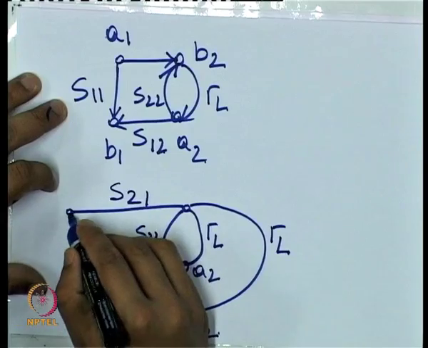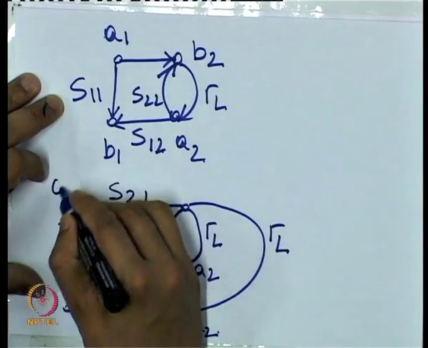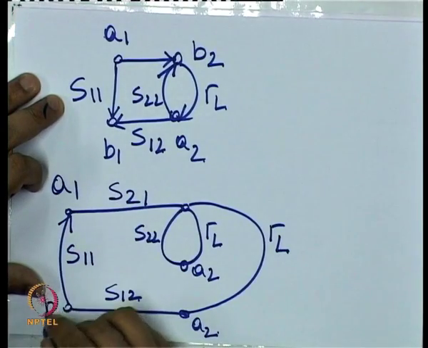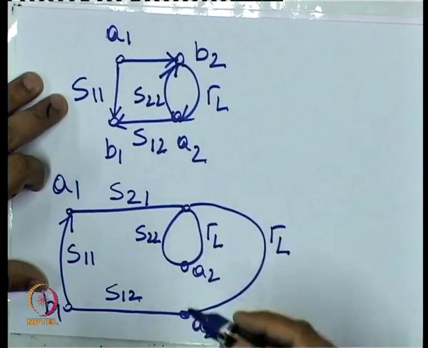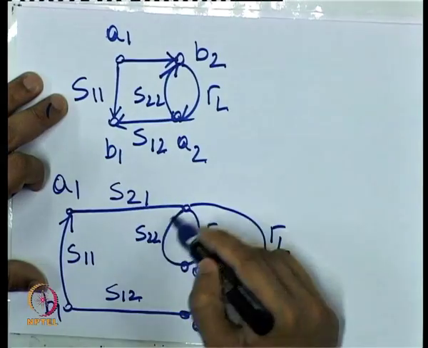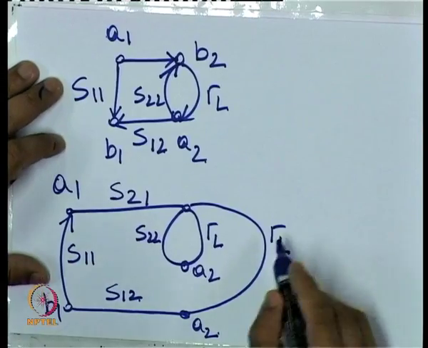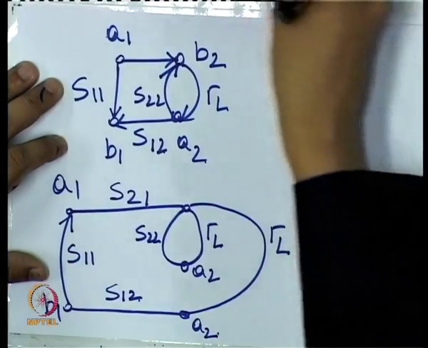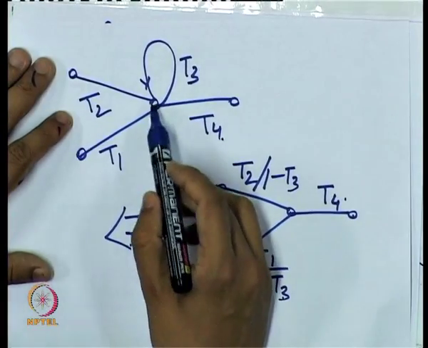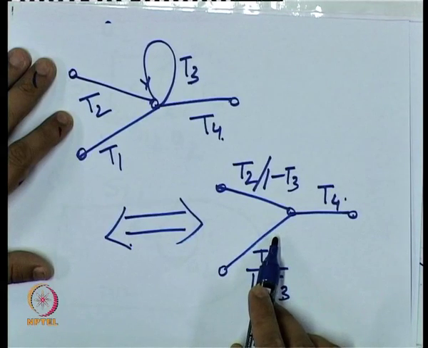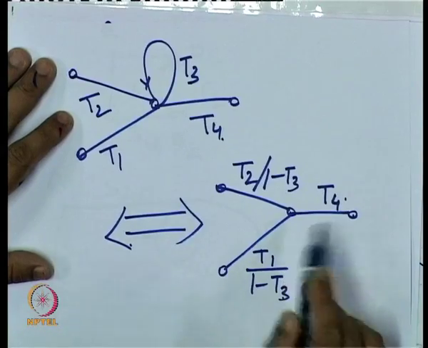So then what I have done this way is that I have now removed this loop and made it a single loop like this. So then this is from the identity that I just discussed previously, that when a loop like this is present, the equivalent signal flow graph diagram will become like this.